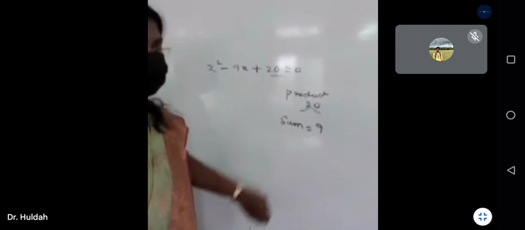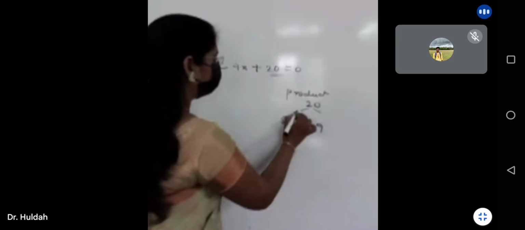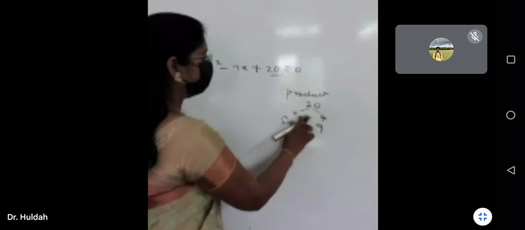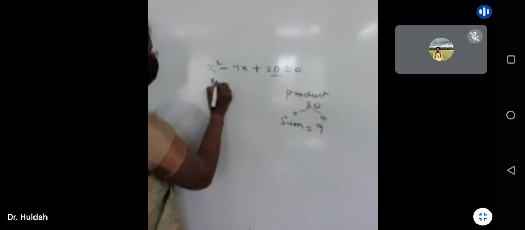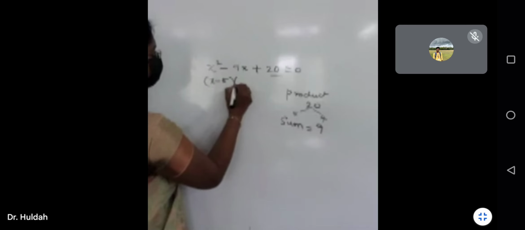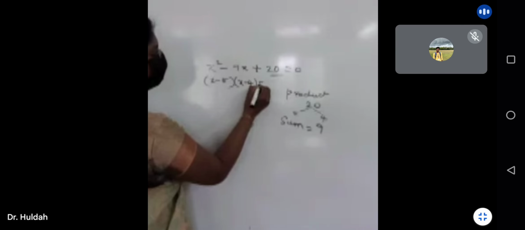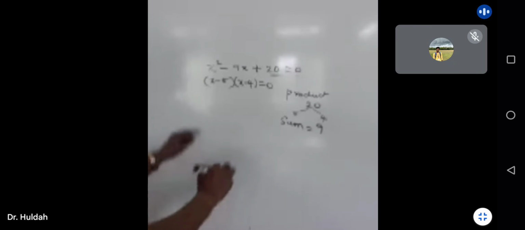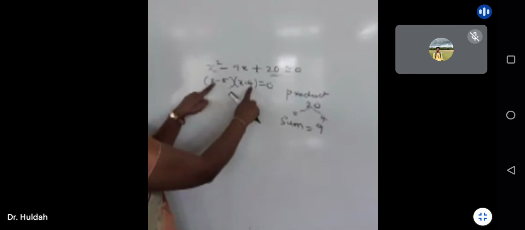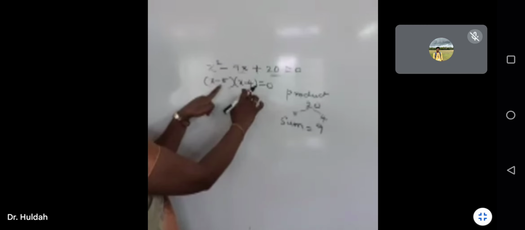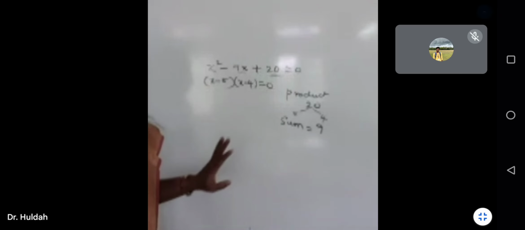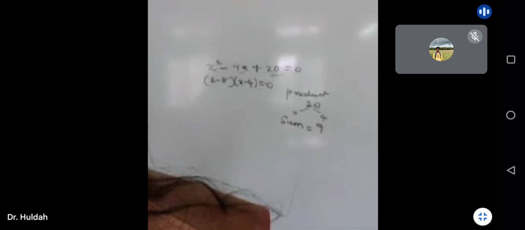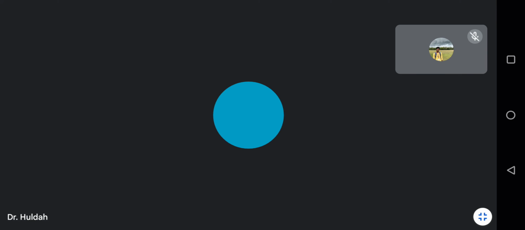The product is 20: 4 and 5, and we get the sum. So can I write this as (x minus 5) into (x minus 4)? You can check. I factorize. This method is called factorization.